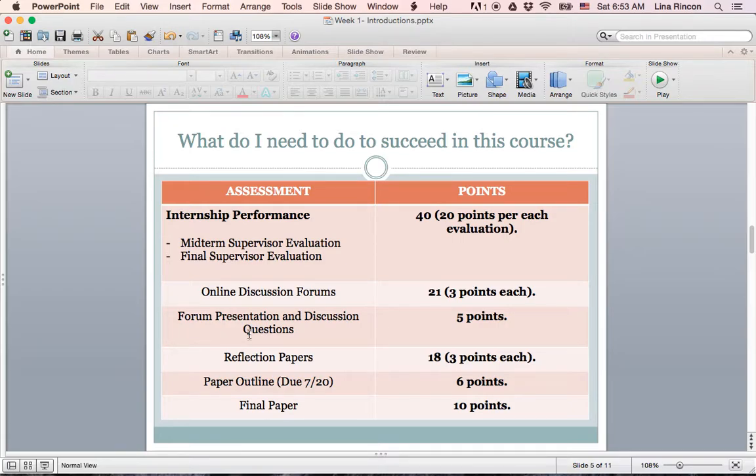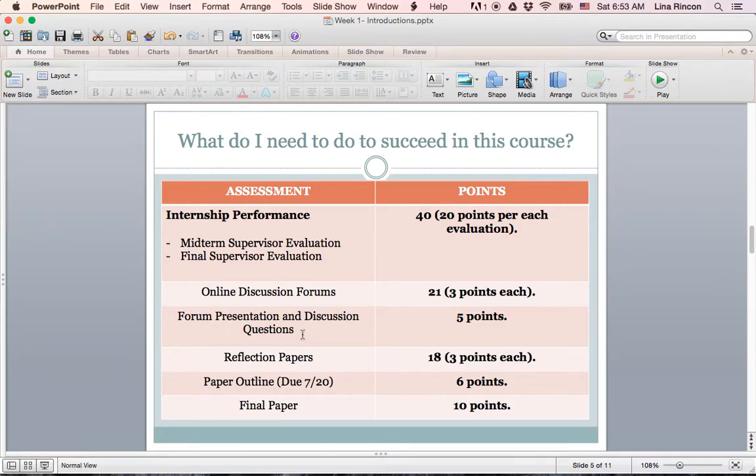I'm expecting each of you to volunteer to lead the discussion of these online discussion forums. You're going to do it once a semester. In the next lecture, I'll give explanations about how and when to sign up to lead this discussion.